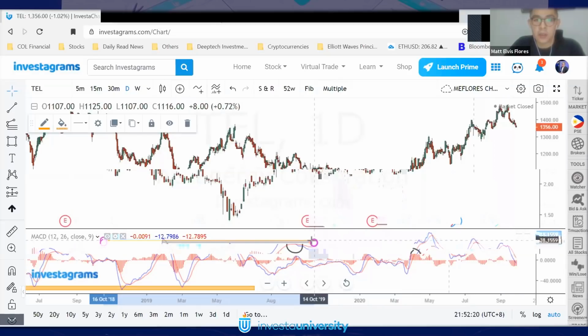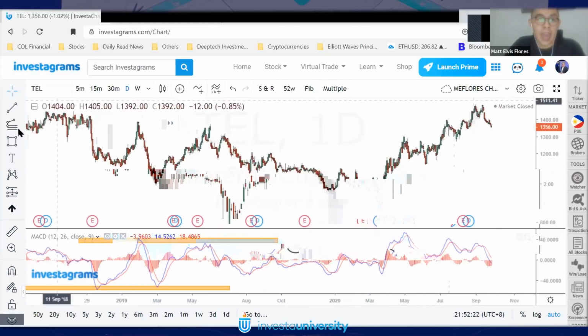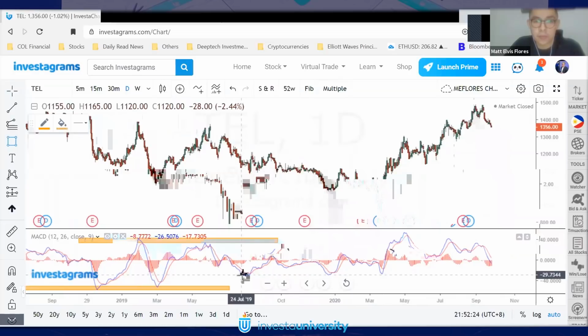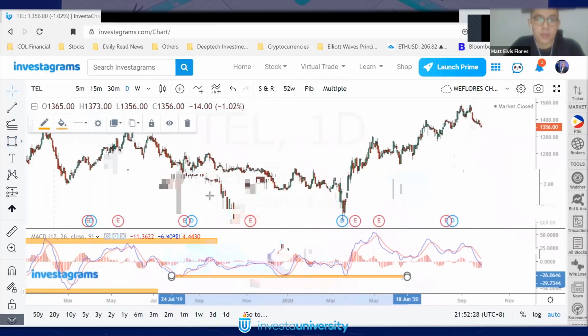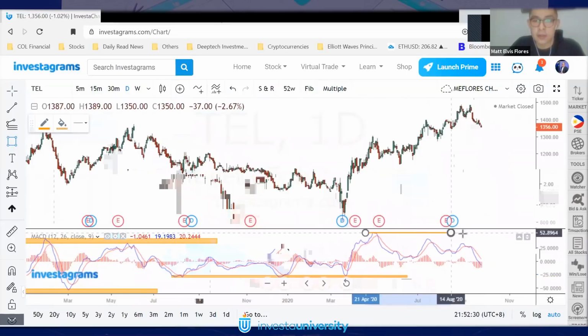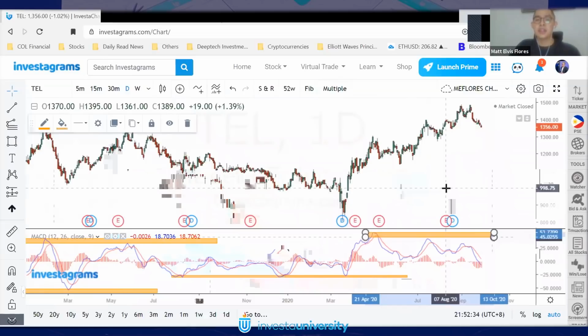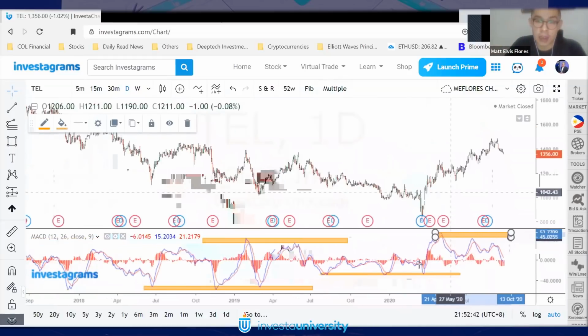Oh, sorry. So you have your, ayan, no? And also, here. Yan. Diba? So, simple identification if it is an oversold, meaning sa baba, meaning here.